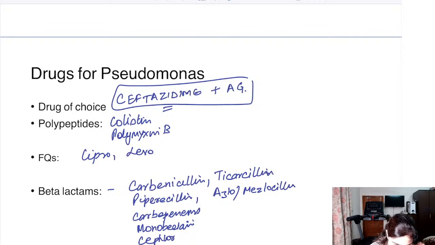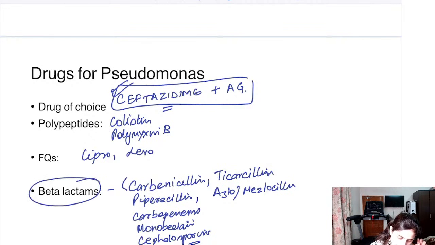Mostly we should know the drug of choice, which is ceftazidime. Then they can ask you about anti-pseudomonal penicillins.